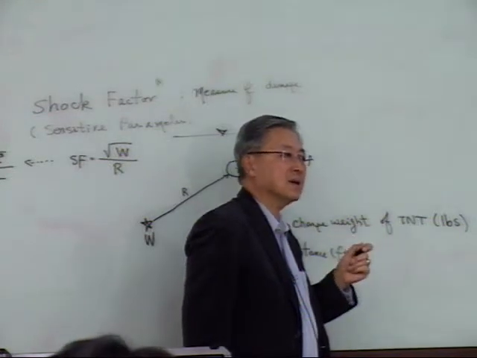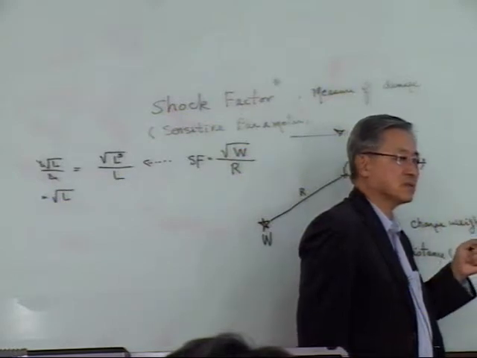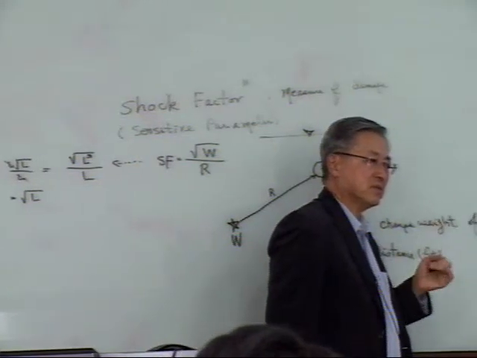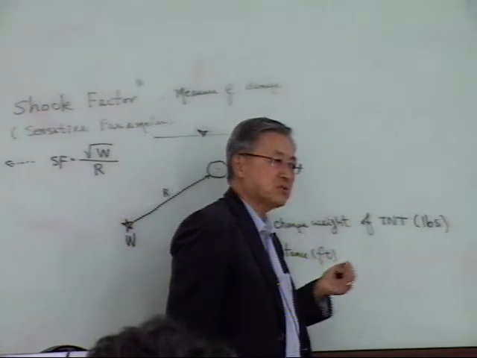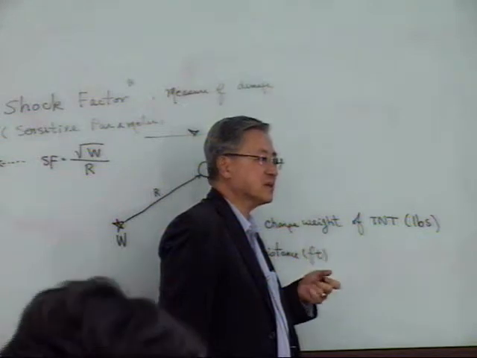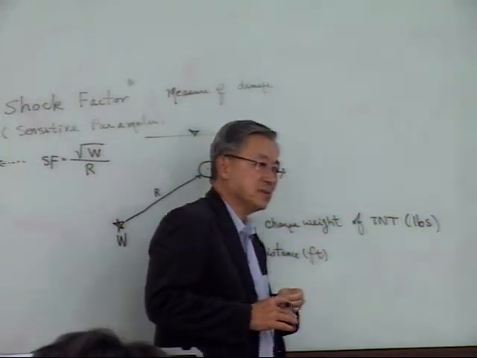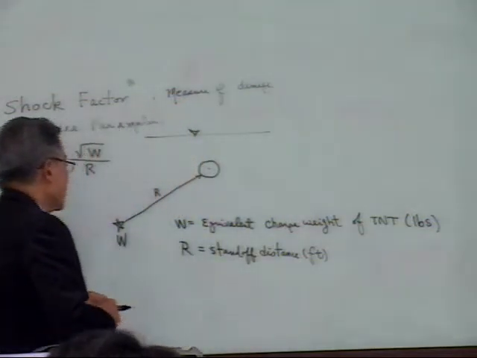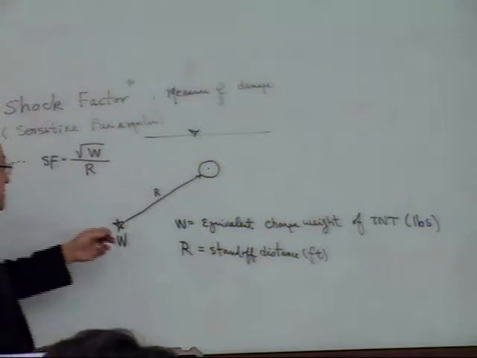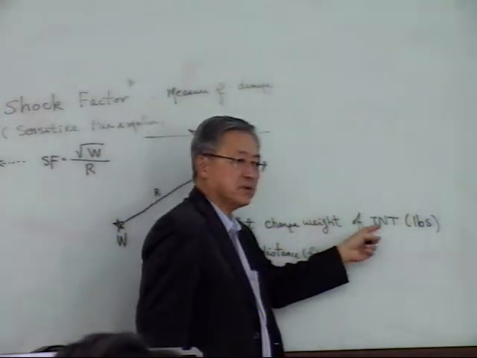It's not clearly known how this really works. Well, in equation form it is clear, but you need to conduct testing to fit it to the right place. Anyway, this is what W is, equivalent charge weight of TNT.